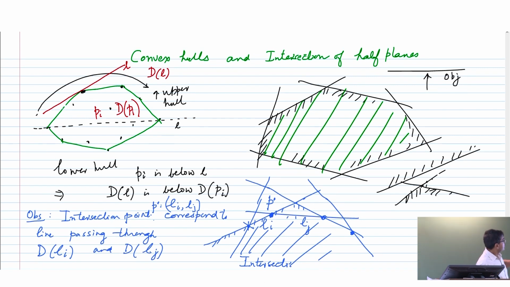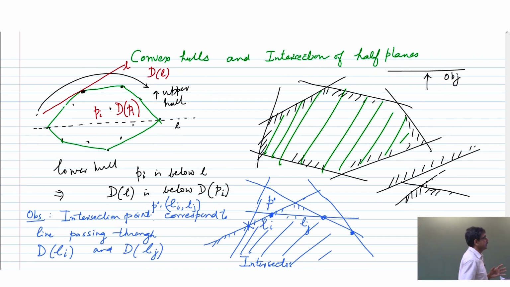That is, this is a line that passes through 2 points. So, the intersection point P prime must correspond to a line passing through the duals of those two lines because of the incidence property.